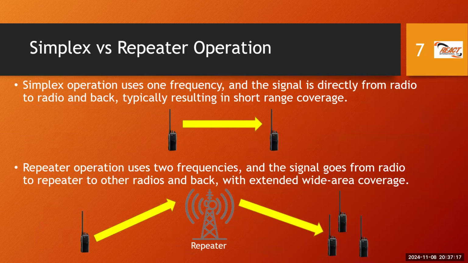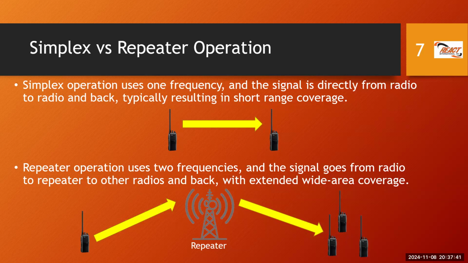Important to our standardization efforts in radio equipment is an understanding of two fundamental concepts of radio operations. Especially in the REACT sense, we use simplex operations and we use repeater operations. Some of us who have radios already will know that when we switch to channel 1, we are the console and it's a repeater, or maybe teams have their own repeaters.